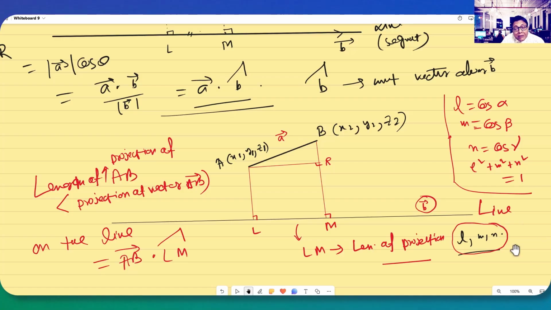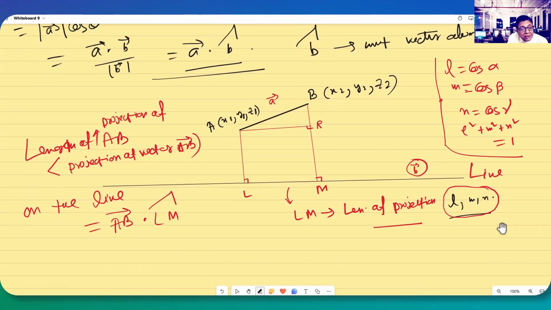Now what is the unit vector in the direction of the line? That is given by LM cap. LM cap we want to write. Along this direction, the direction cosines are given. We can write LM as Li plus Mj plus Nk. These are direction cosines, length is 1. So actually that unit vector we have written here, LM cap we can write Li, Mj, Nk.